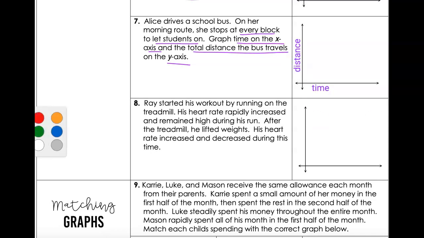All right, so when she starts driving, and then she stops to let kids on. She starts driving again. Now she stopped to let kids on, driving, and it just continues. Our distance keeps increasing, but then we've got this little space here where she's stopping to let the kids get on the bus.